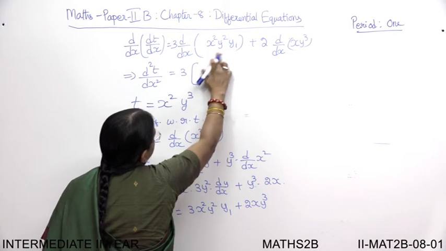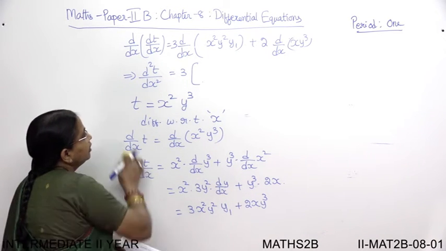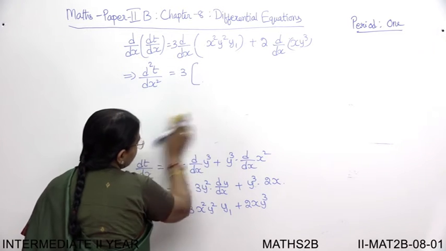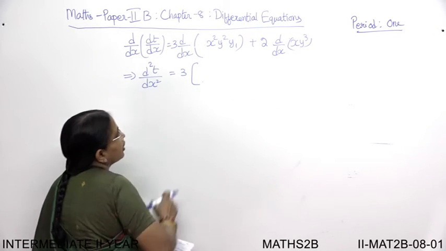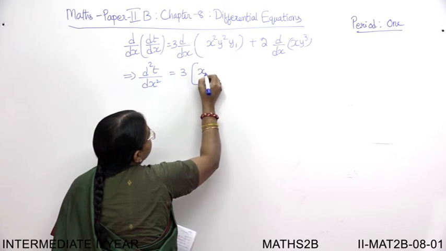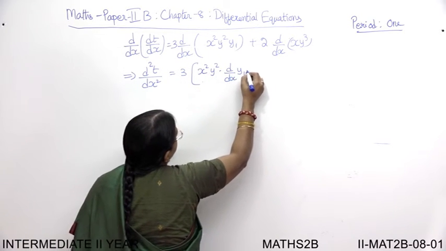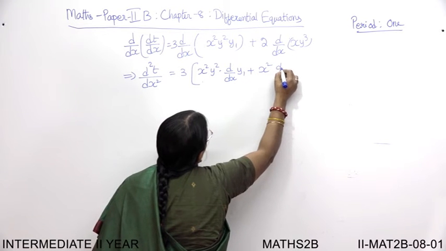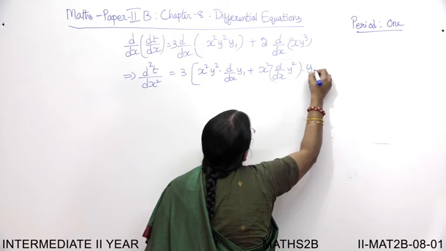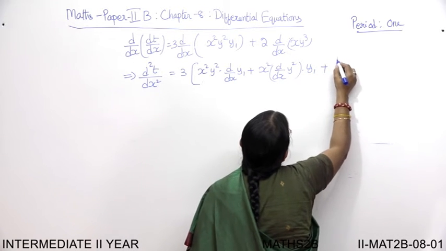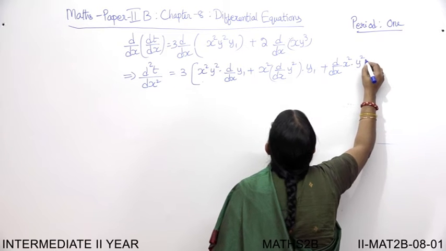Now see, this has three functions: x square into y square into y1. When it is a product of three functions, it is the first function, second function into the derivative of the third function, plus the first function, derivative of the second function into the third function, plus the derivative of the first function into y square into y1.